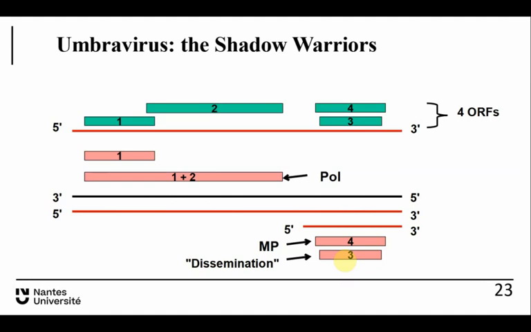It's only dependent on the helper virus for encapsulation of the genome and transmission from one plant to another. And the helper virus is, I believe, a luteovirus. I think it was on the previous slide. So umbraviruses are almost independent, but they require a co-infection by another virus in order to be transmitted from one plant to another.